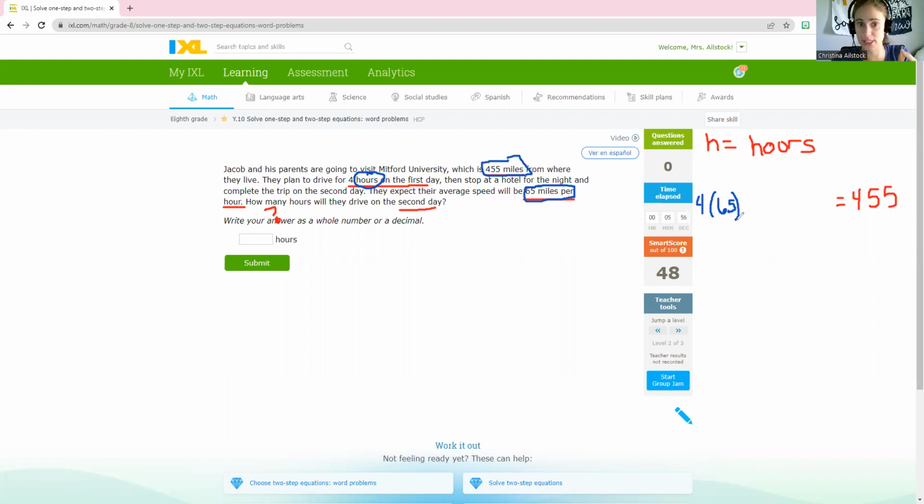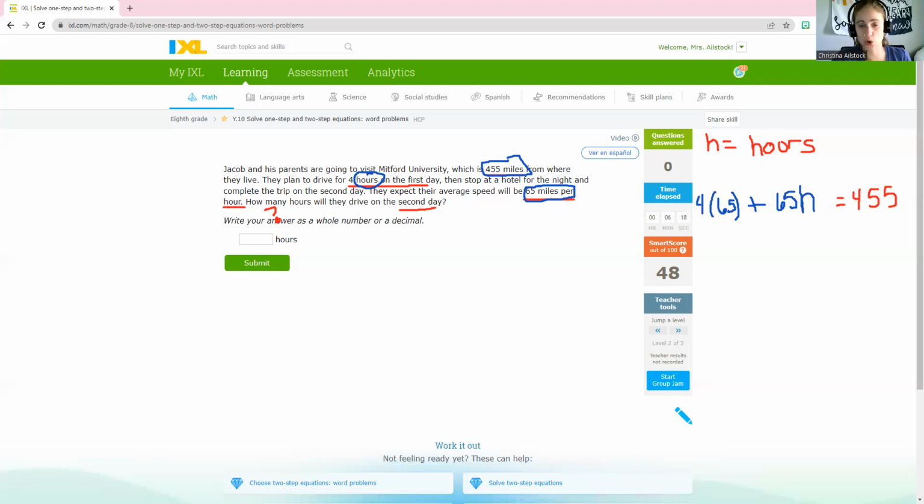That gets the miles in there to equal our total. And then the second day, we don't know how many hours, but they're going to be driving at the same speed. So 65 miles per hour times h, an unknown number of hours.